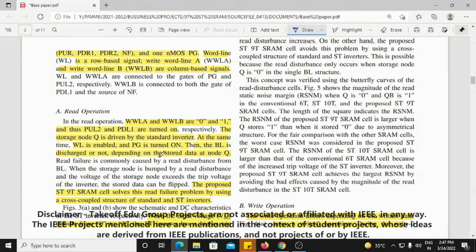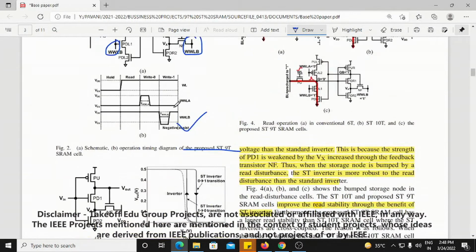In the read operation we can observe that WWLA and WWLB are 0 and 1. That is the hold condition. Under these conditions WWLA is 0 and WWLB is 1. And for the read operation, WWLA is 0 and WWLB is 1.